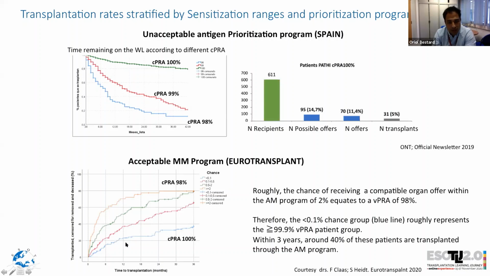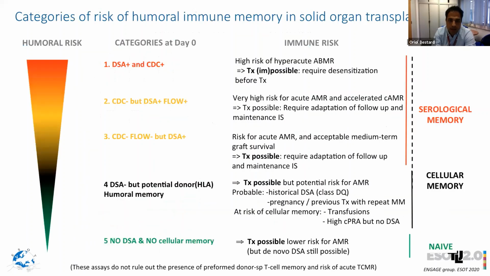As you can see, the likelihood of receiving a transplantation within this cohort is significantly higher, up to almost 40%. So there are different ways to approach this definition of a highly sensitized patient, but in any case, we still have a number of patients that will unfortunately remain on the waiting list because we are not actually capable of offering them a compatible HLA graft.